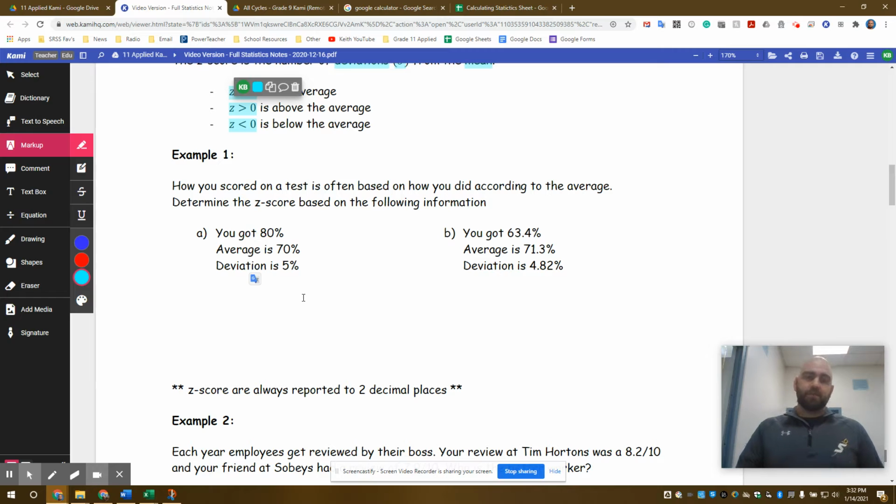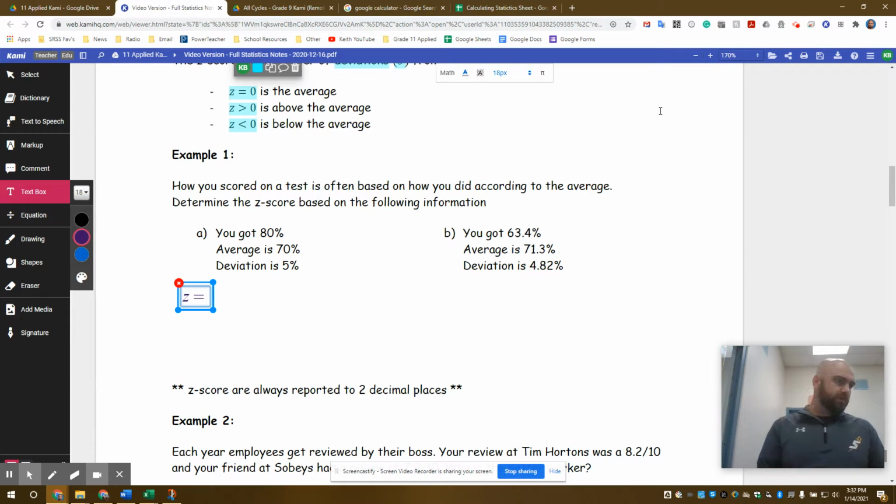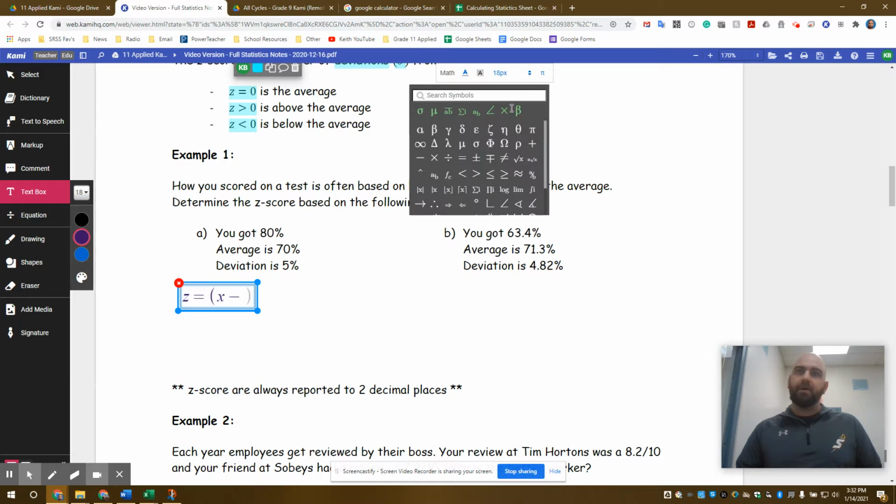Let's find the Z-score and let's use our formula to do that. So our formula for Z-score is Z is equal to X minus X bar, divided by sigma. Okay, there's our equation.